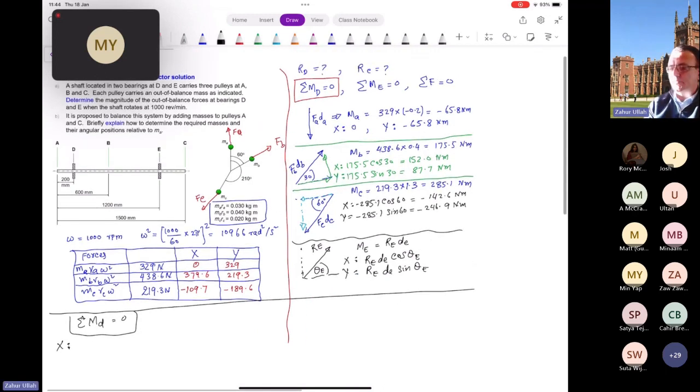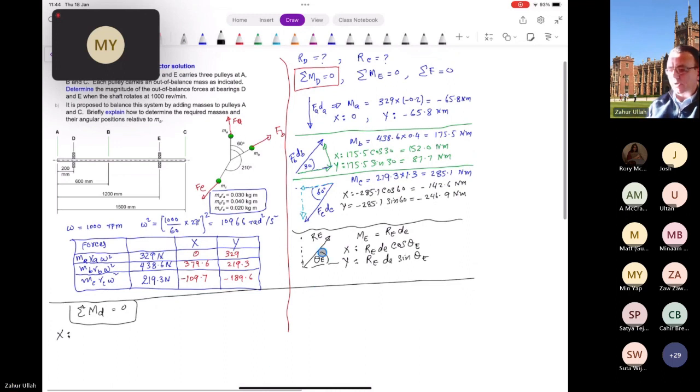So in x direction, for the RE, you have the REX, which is obviously RE cos theta. So REX, and the distance was DE, which is obviously 1.